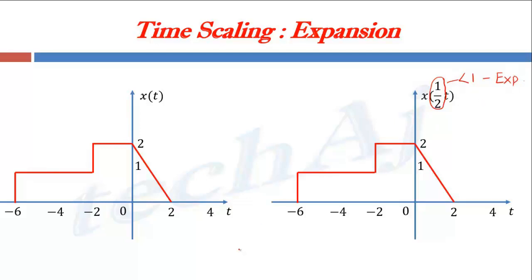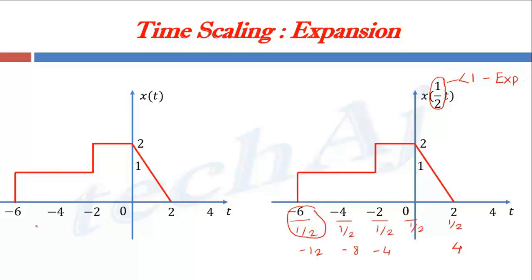Now what happens in expansion? Every time parameter t will get divided by the scaling factor, which is 1 by 2. If we divide by 1 by 2, we will obtain the values as minus 12, then minus 8, minus 4, up to 4.